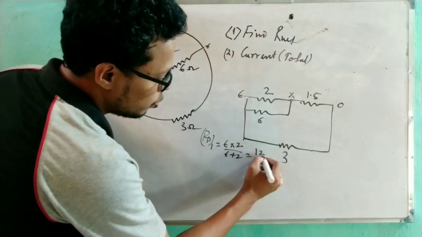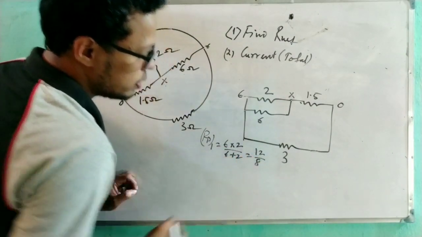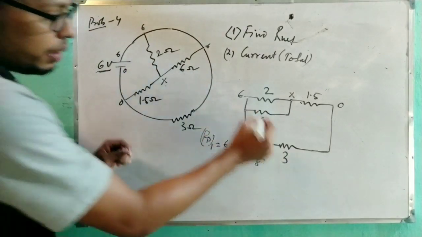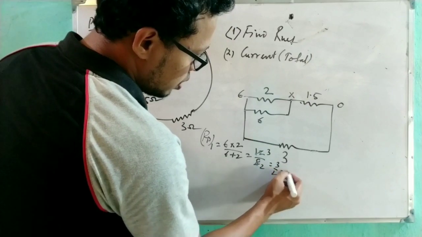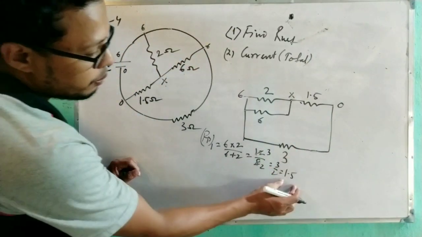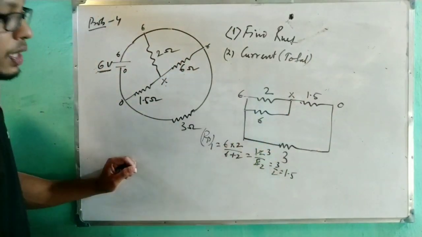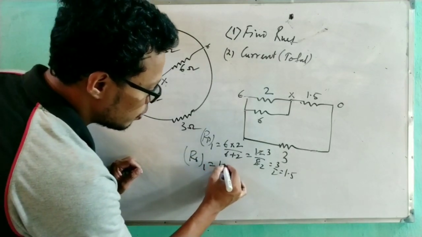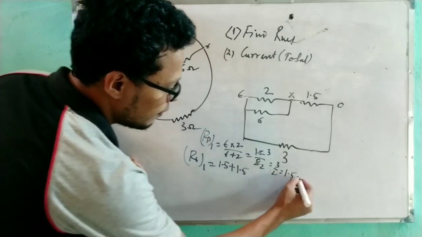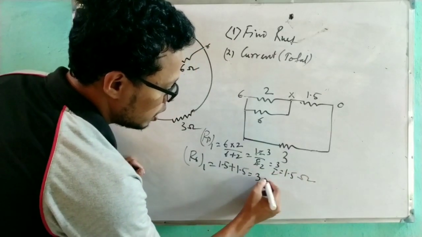This will be 12 by 8. So 12 by 8 means 3 by 2, it is 1.5. And this 1.5, this 1.5 are connected in series. So R series 1 will be 1.5 plus 1.5 ohm, equals to 3 ohm.